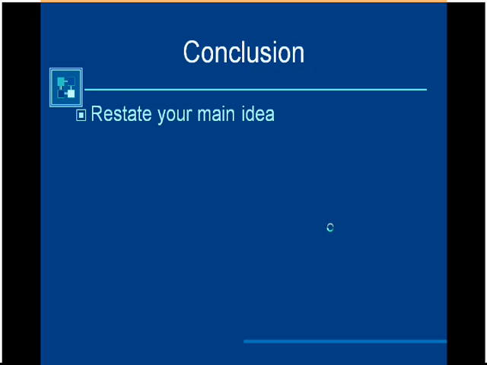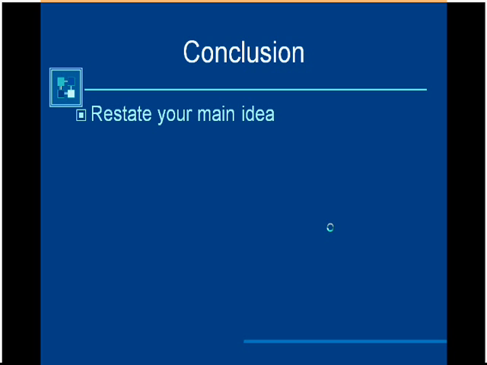Now we are going to look at the part of the conclusion, which is of course the last part. It says here, restate your main idea. So again, restate here means say it again.